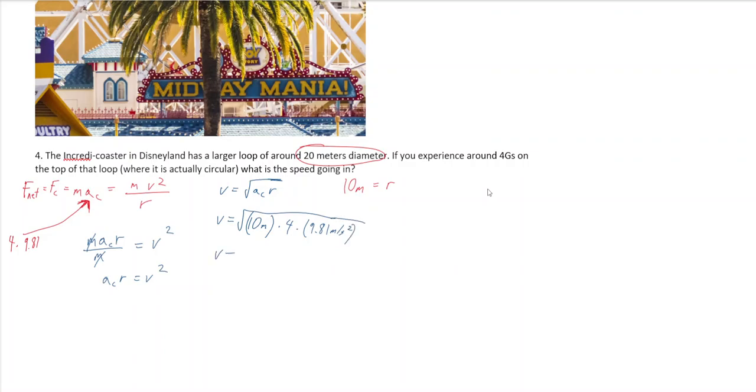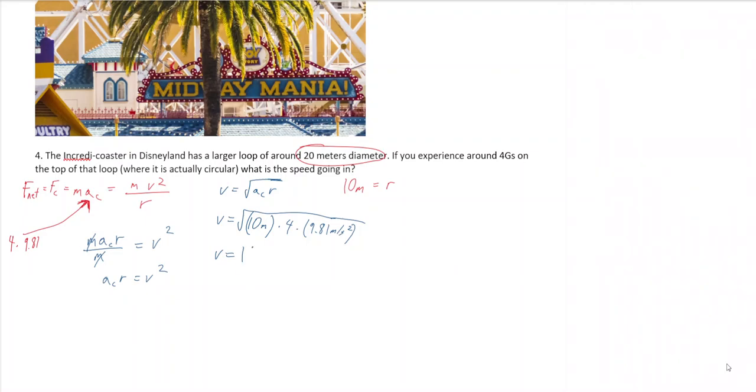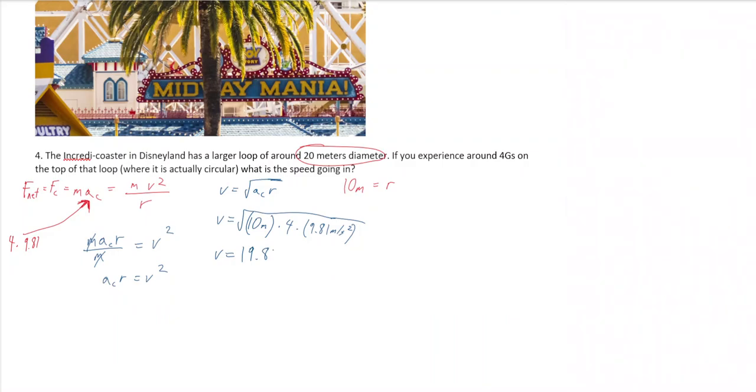And this is going to give us a velocity. So 10 times 4 times 9.81 equals, and we're getting 19.839 meters per second. Now, this is meters per second. The question doesn't really tell us to do anything different, so you could simply just write 20 meters per second, and I wouldn't blame you if you stopped there.